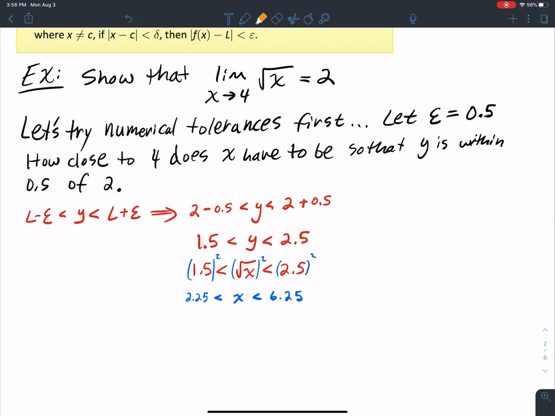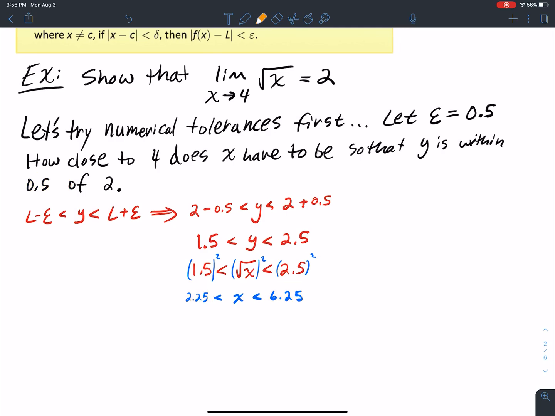So 1.5 squared gets me 2.25 and 2.5 squared gets me 6.25. So what this is telling me is that the x values range from 2.25 to 6.25. And as long as we're within that range, then we'll be within 1/2 of my true limit of 2.